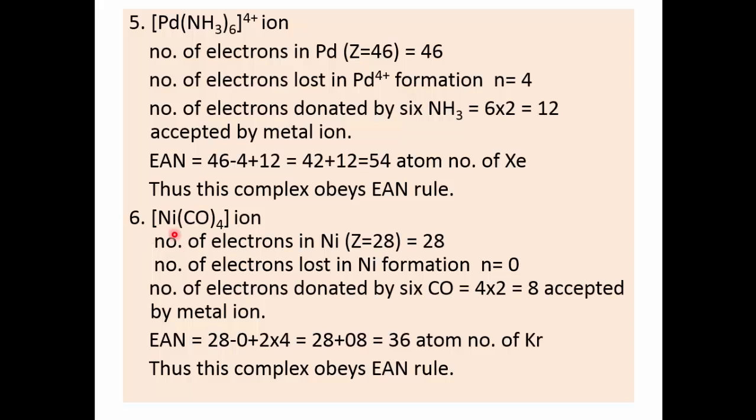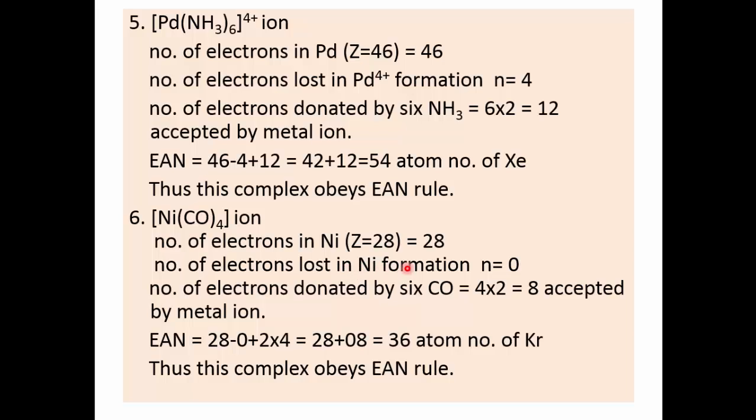Next example, nickel tetracarbonyl molecule. So here on this square bracket there is no charge, so number of electrons in nickel, atomic number is 28, so value of Z is 28.